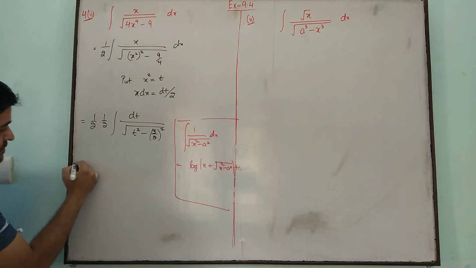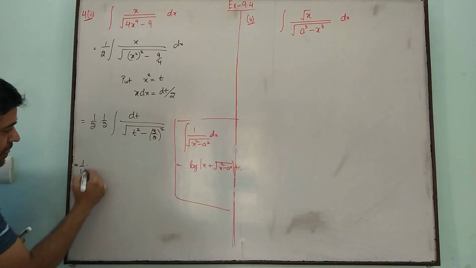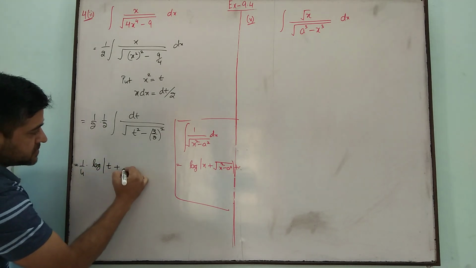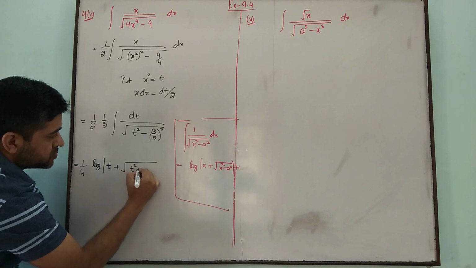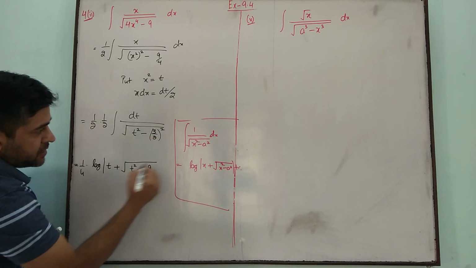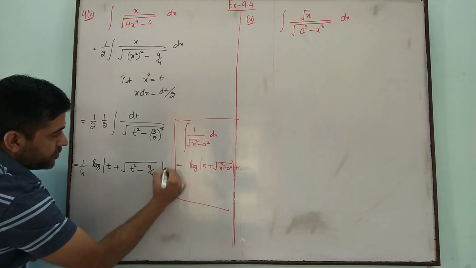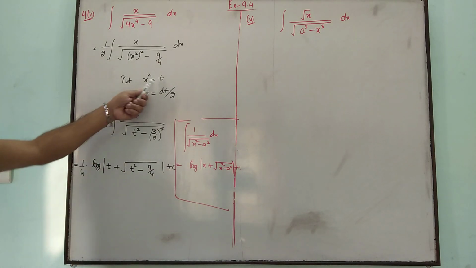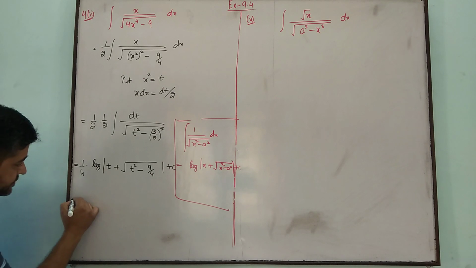So we got 1 by 4 log of t plus the square root of t square minus a square, that is 9 by 4, plus c, and just simplify, substitute the value of t, that is x square.